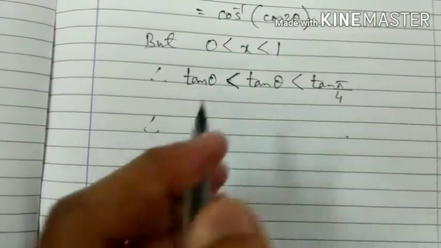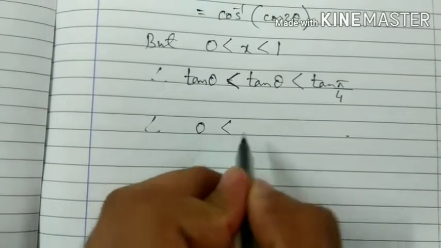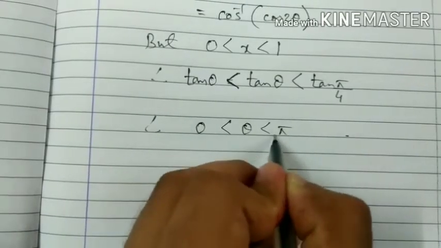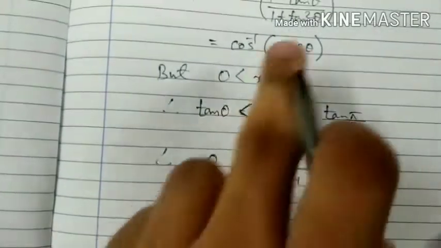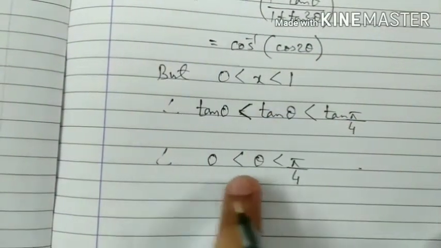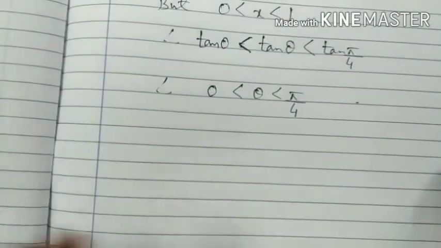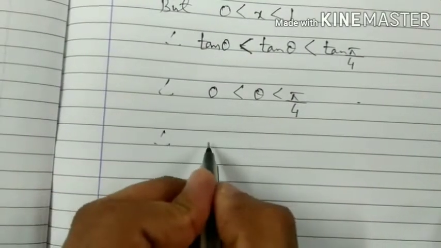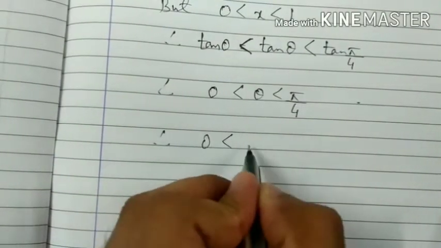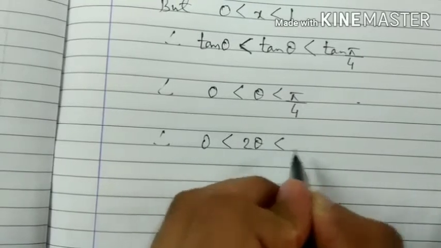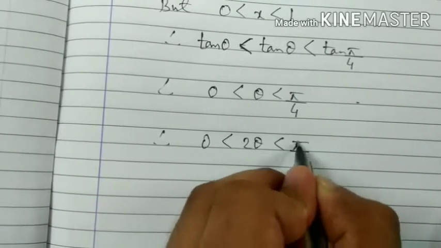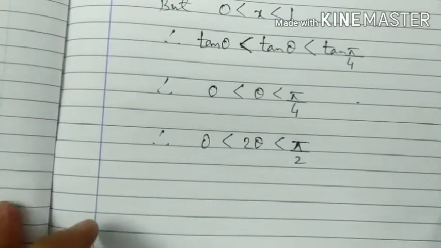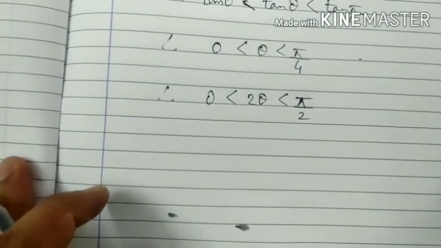Now without tan we can write 0 less than theta less than pi by 4. This is the range of theta, and we need to find the range of 2 theta. So multiplying this inequality by 2, we get 0 less than 2 theta less than pi by 4 multiplied by 2, that is pi by 2. Now we are getting the range of 2 theta.